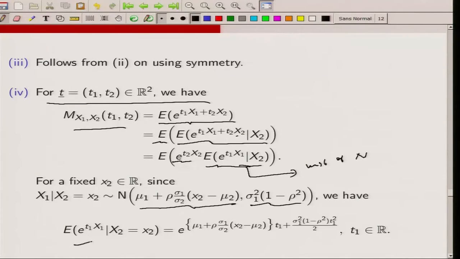So, the expected value of e to power t 1 x 1 given x 2 turns out to be e to power mu times t, the mean times t1. So, e to power (mu 1 plus rho sigma 1 by sigma 2 (x 2 minus mu 2)) t 1 plus sigma square, which is sigma 1 square (1 minus rho square), t 1 square by 2. So, this quantity turns out to be this. So, I have to put the small x 2 as capital X 2 to get this quantity. So, that is what I do.